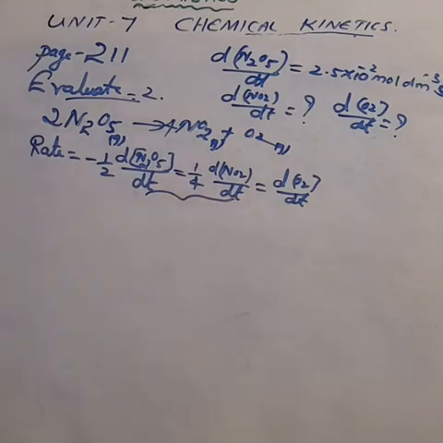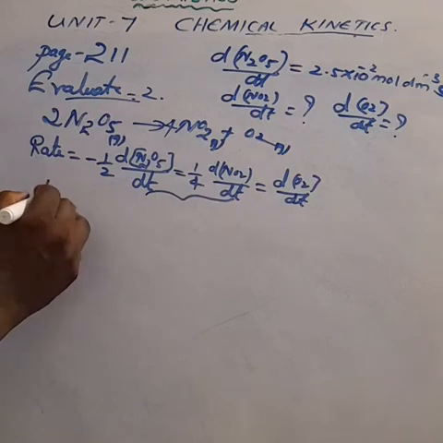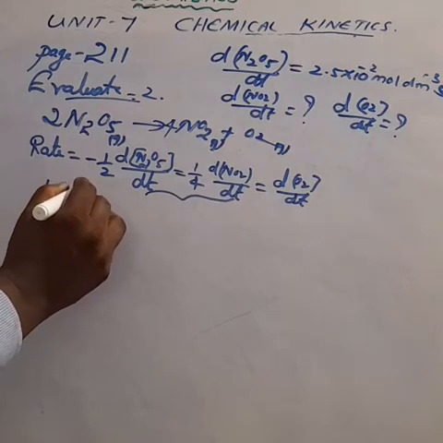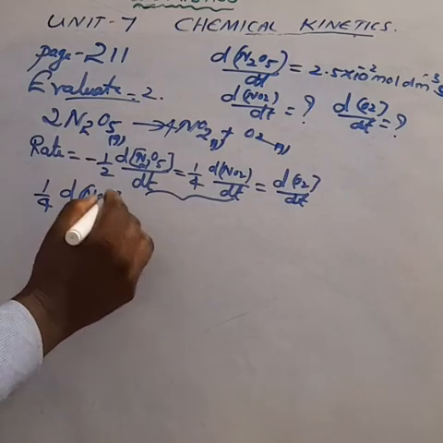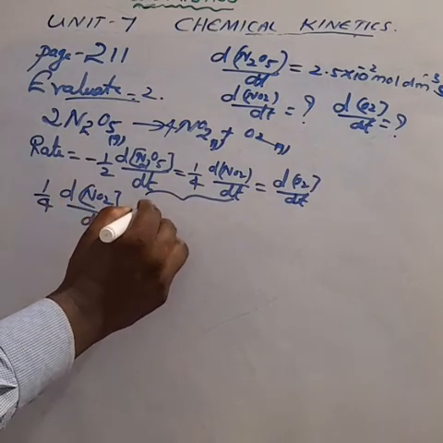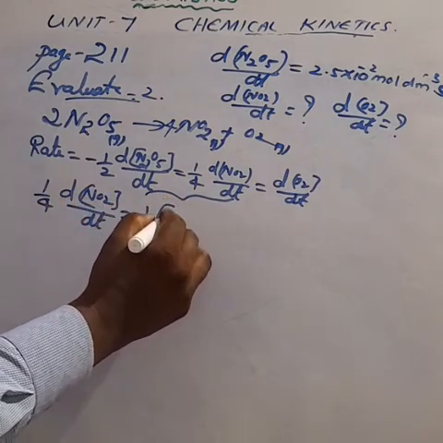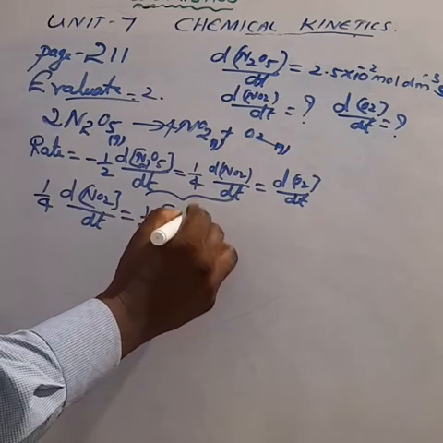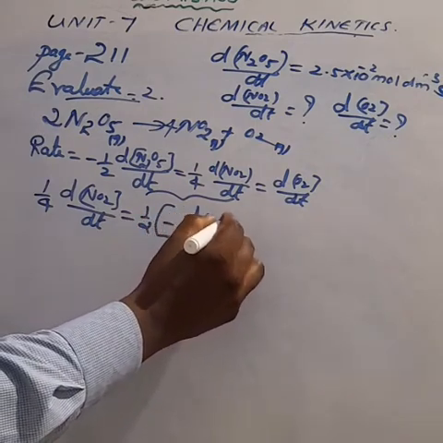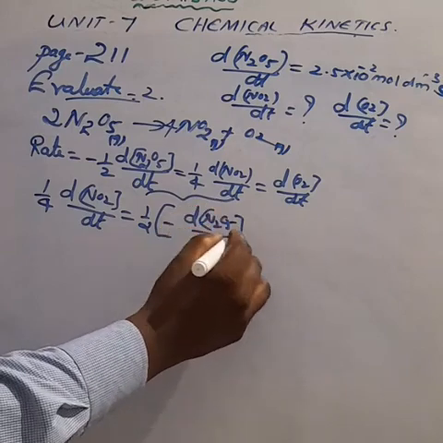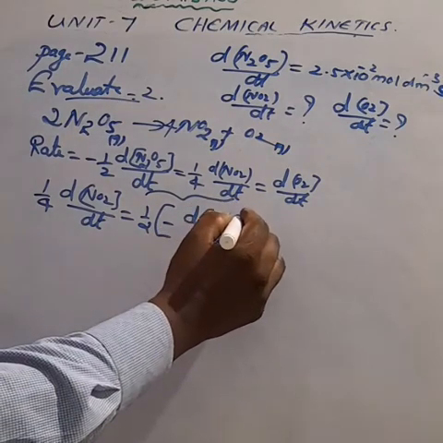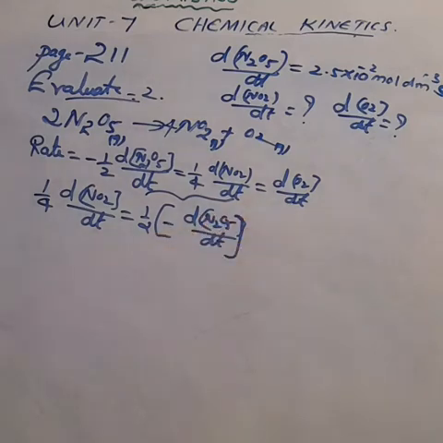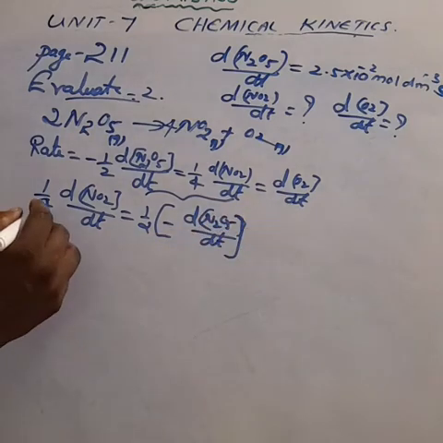So the first product is 1 by 4 d of NO2 divided by dt, which is equal to half into minus of d N2O5 divided by dt. So this 4 I am taking here.